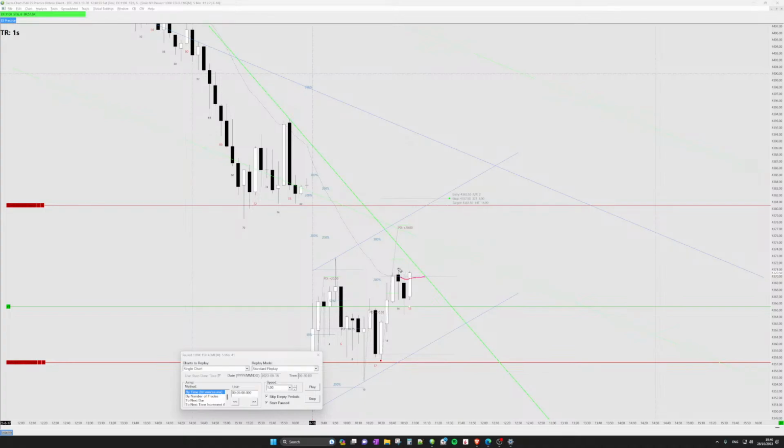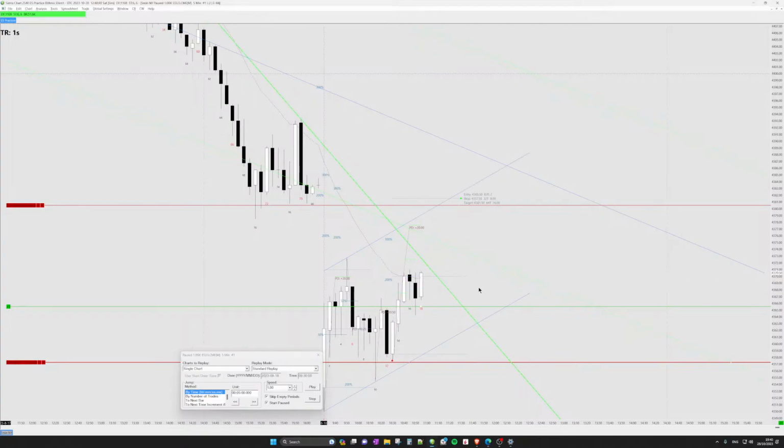The minimum target for now is the last high. Once it gets to the high, it will be leg 1, leg 2, and we can expect the second leg to be the same size as the first leg. Now they did 13 points.